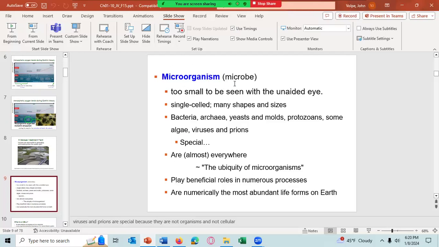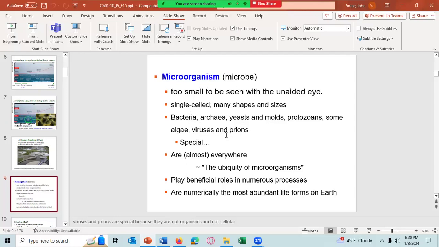A microorganism or a microbe is something that's too small to be seen with the unaided eye. They're single-celled, many shapes and sizes. They include bacteria, archaea, yeast, molds, protozoans, some algae, viruses, and prions. These last two are special because they are not organisms.